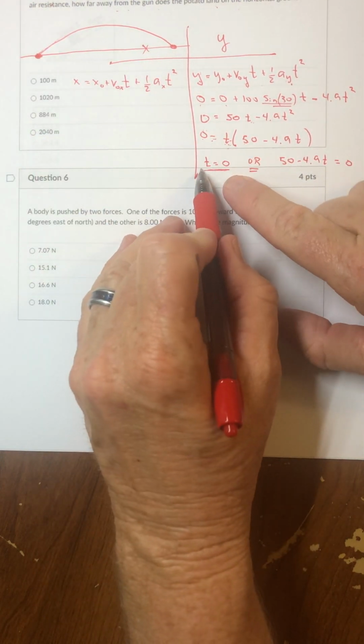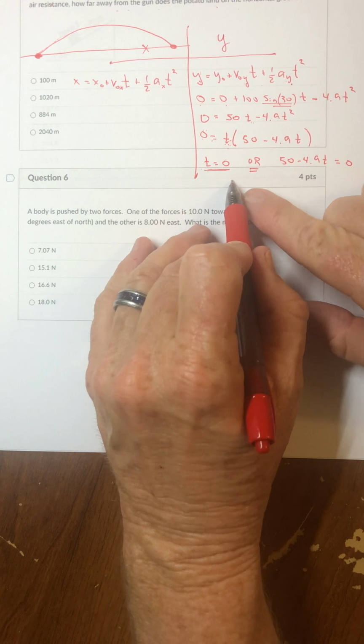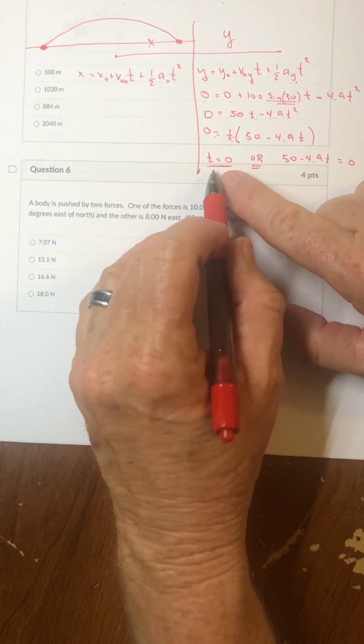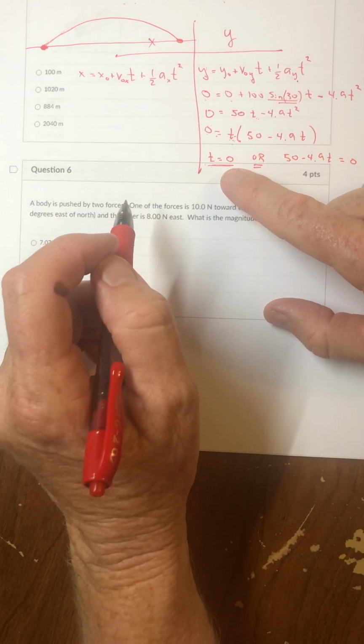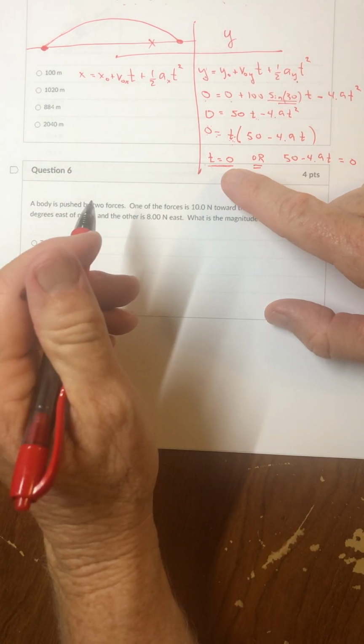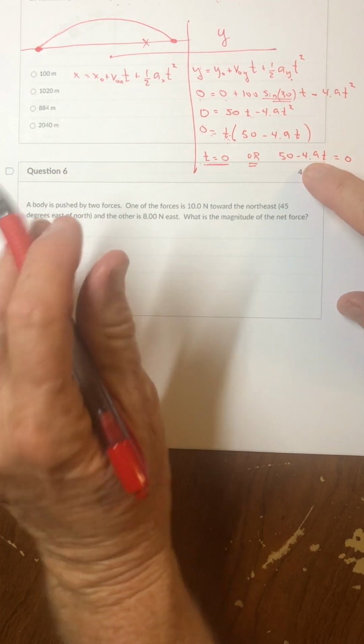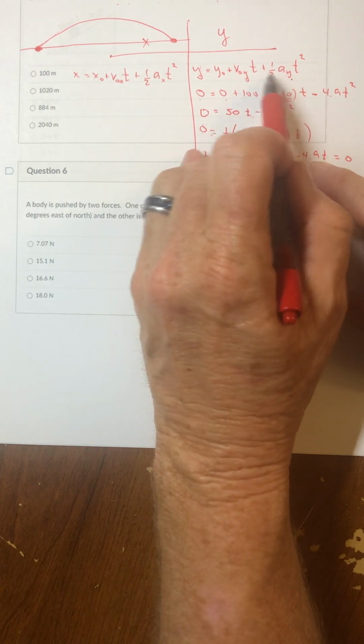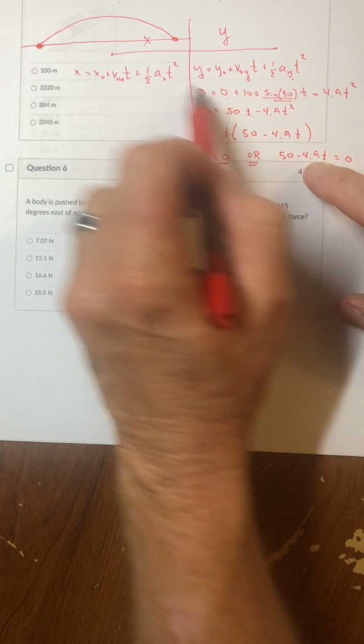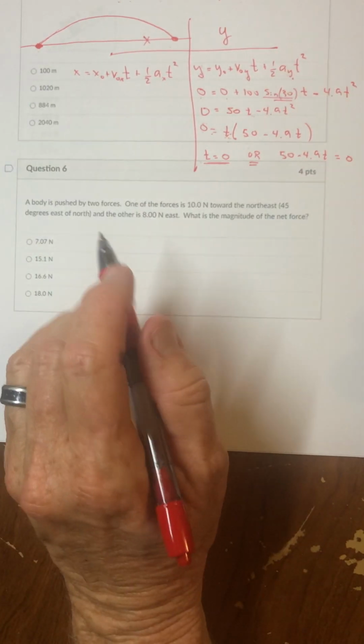So not a surprise then, initially launch is at time equals 0. So not a surprise that one of the solutions is time equals 0. It's not the one we would be interested in. We would be interested in this one. But like I said, the math just gives us all the times when the height was 0. And so that means starting off and landing.